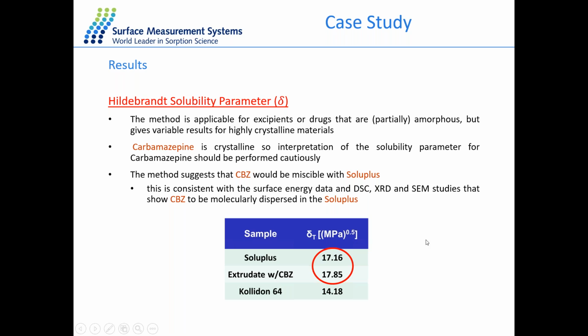By understanding the solubility parameters, we can see that these 2 values are quite similar. This suggests that these 2 components would be more miscible with each other and can blend quite well. And this is supported by alternative data such as the DSC, XRD, and some SEM studies as well.